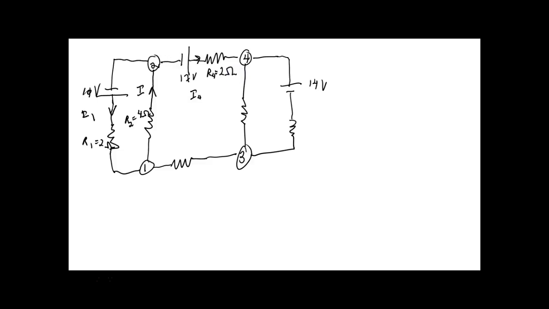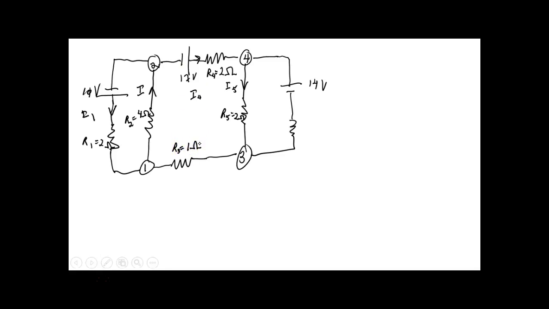They say here from 4 is going toward 3, and that'll be I5, through a 2 ohm resistor. R5 is equal to 2 ohms. Oops, I don't know why I did that. Okay, this R3 down here is equal to 1 ohm.